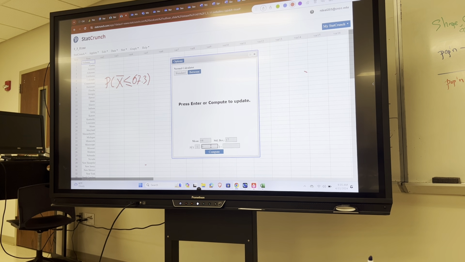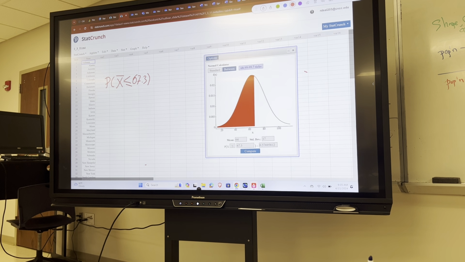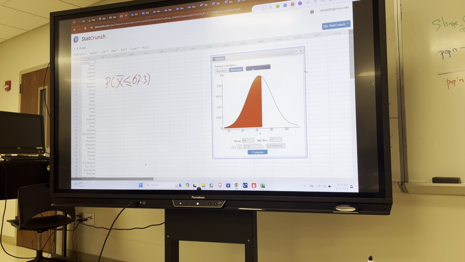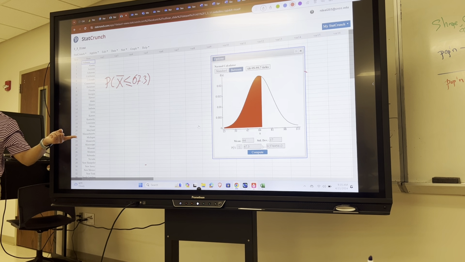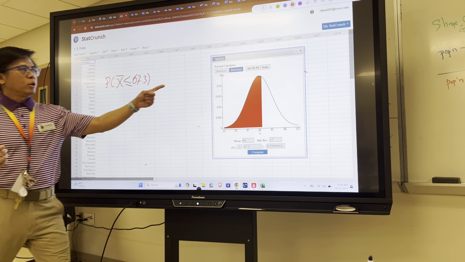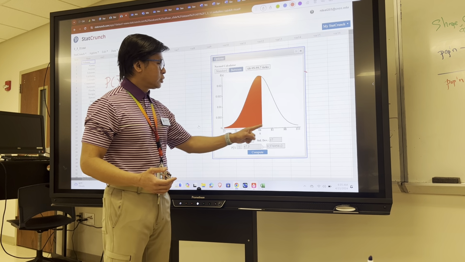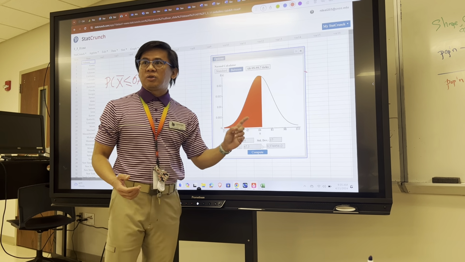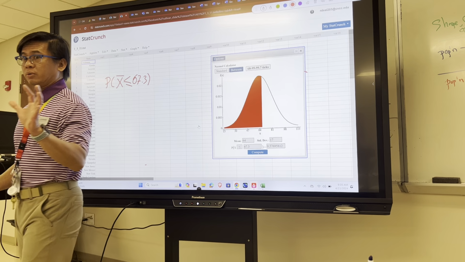X less than 67.3. Click compute. Okay, so that is for the population. You can click on this 68, 95, 99.7 as well to verify what we did a while ago with our decimals. If you click on that one, you see those 13 to 115. Those are the 3 standard deviations above and below.